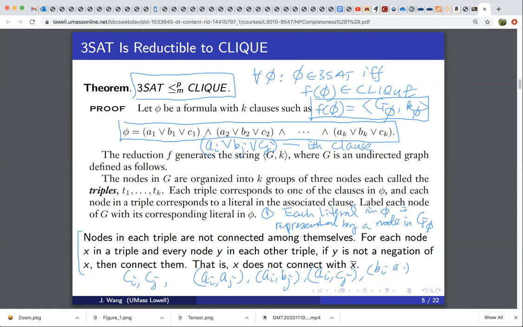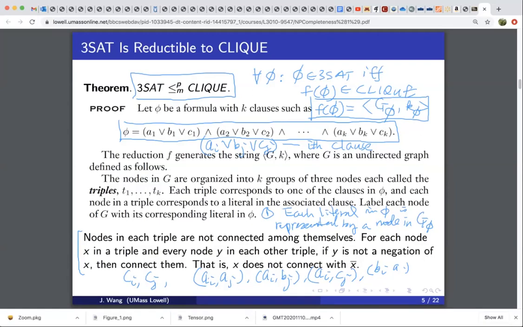If they are not negations of each other, you would have 3 times 3 edges, 3 by 3. Of course, if some node is a negation of the other, then you remove that edge. That's how you construct this graph, G sub phi.